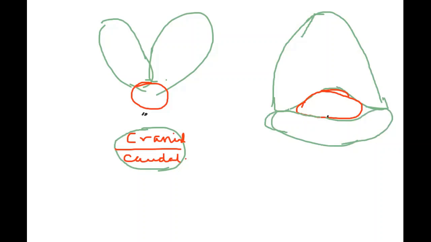The caudal component of the hypobranchial eminence forms the posterior most part of the tongue and also the epiglottis. So now, supposing this fusion does not occur, what would happen? You would have a bifid tongue. So one anomaly is right here, bifid tongue.